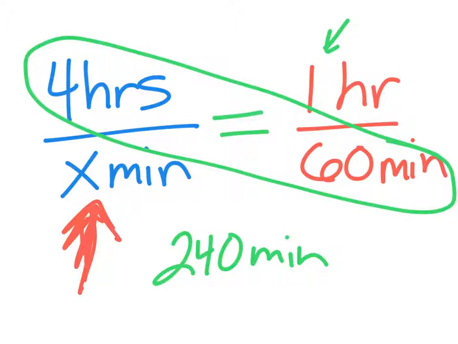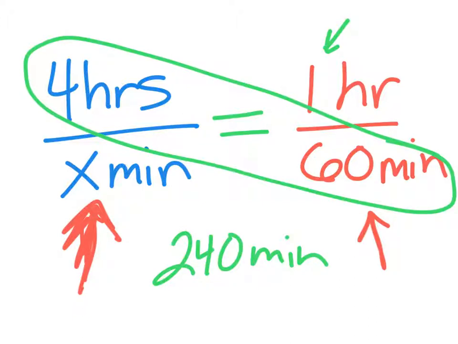So 4 and X have to be on the same fraction, whereas our known, our 1 hour to 60 minutes, was the other side. So rule number 1 for setting these up on our own is that we have to set it up as known equal to unknown, or unknown equal to known. It does not matter which side you put the unknown on and the known.